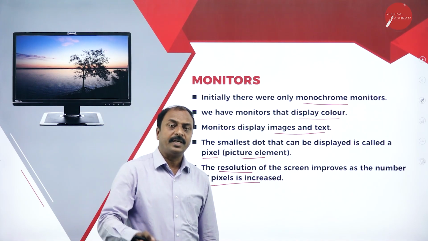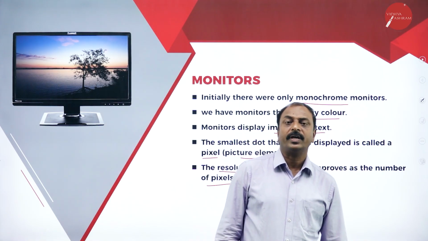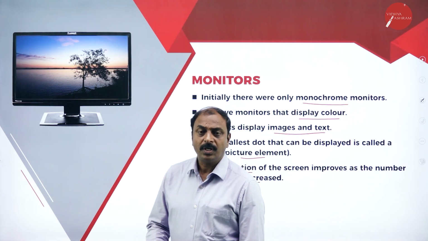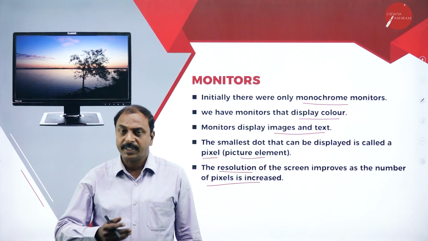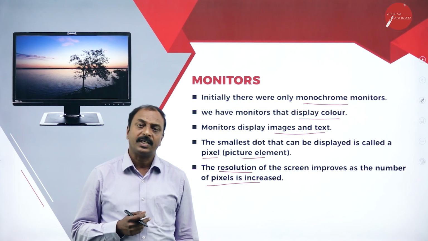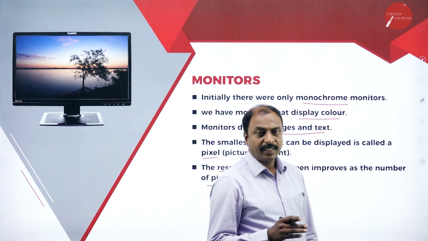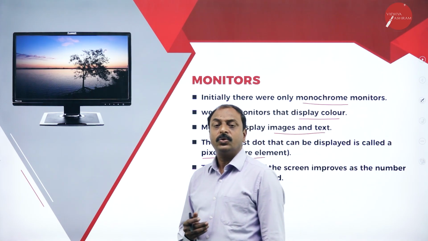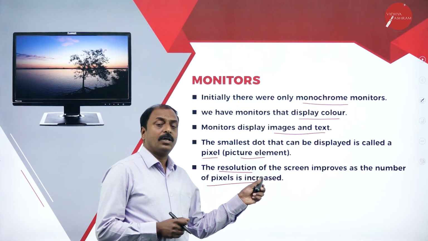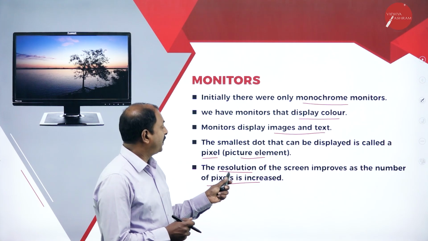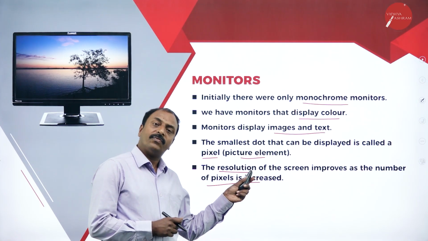Now how can we say the monitor is good, or how can we say this monitor is not good? Sometimes we have come across an example where we cannot see any of the images, or any data may not be very clear. Then it is understood that the resolution of the monitor is not up to the mark, or we can say the resolution is very less.